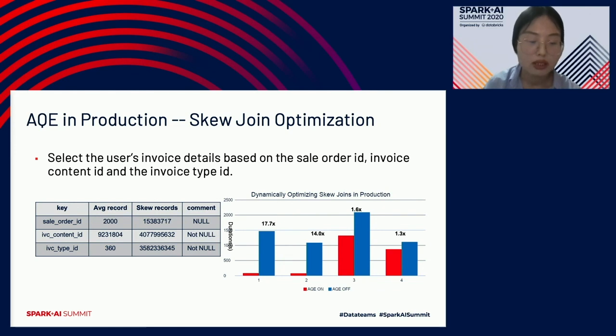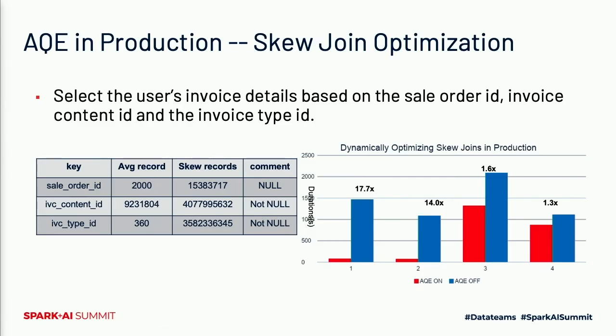We also analyzed the skew queries in their online environment. The SQL is to select the user's invoice detail based on the sales order ID, invoice content ID, and the invoice type ID. The execution time of those SQLs is very long without AQE.